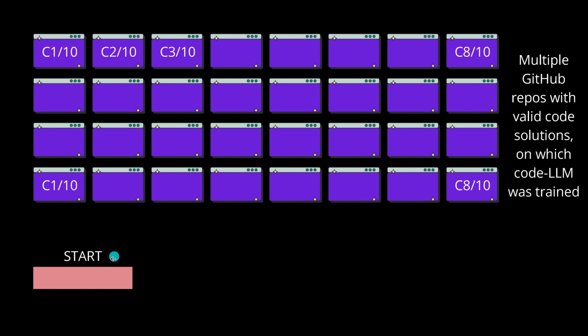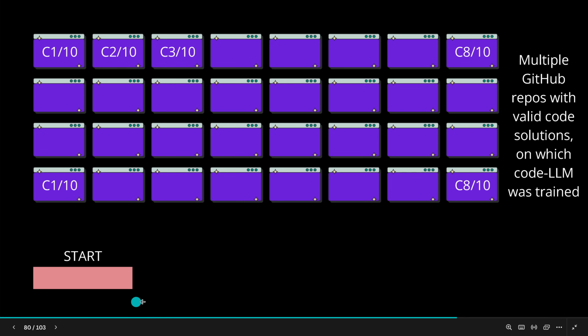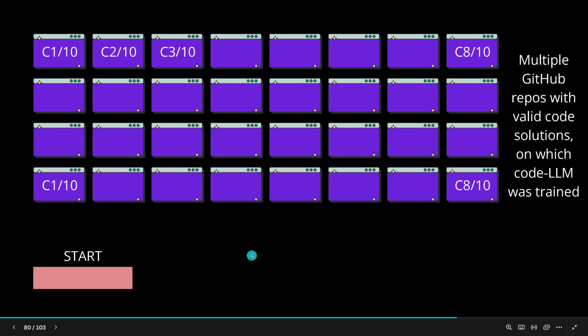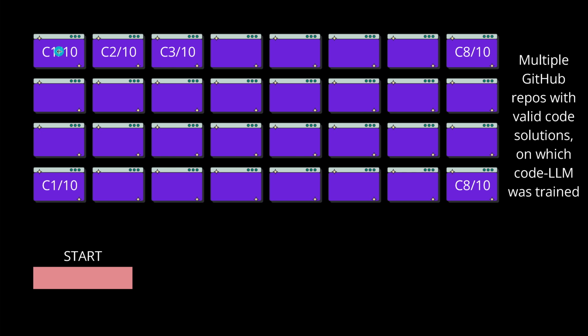We start here, as in the study by Stanford and OpenAI, with a simple solution. But we do not take only a GPT system. Let's say we take a little bit more advanced code LLM. And what we do, we have now GitHub repos, and we have from a simple complexity level 1 out of 10, let's say instead of 4, 10 different code solutions.